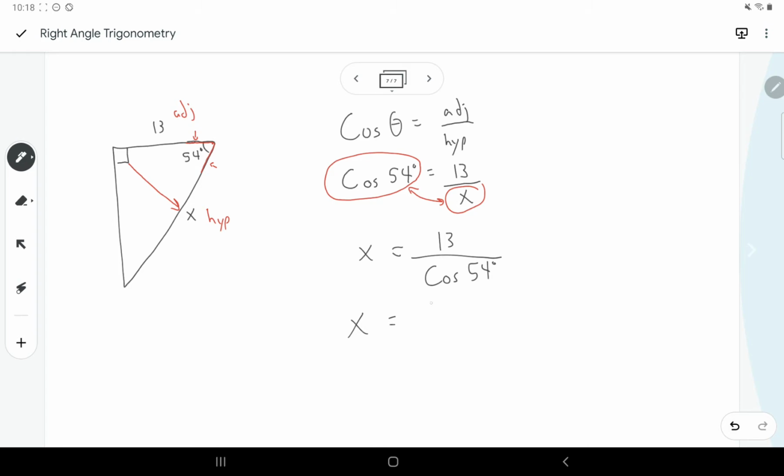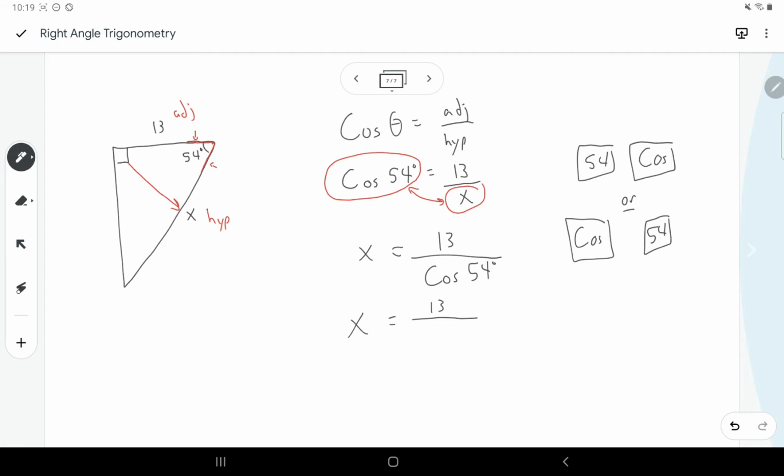So we have x equals 13 divided by cosine of 54 on our calculators, which again, remember, is going to be either you enter 54 and then you press cosine, or you press cosine and then you press 54. That just depends on your calculator. Unfortunately, I can't figure that out from here.